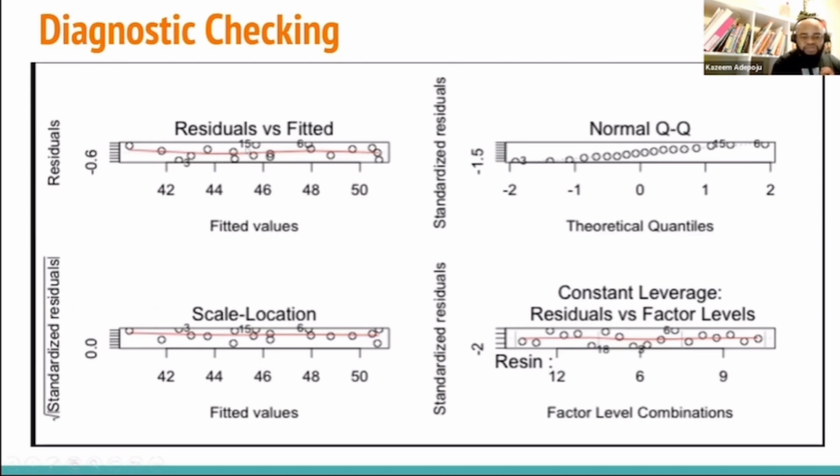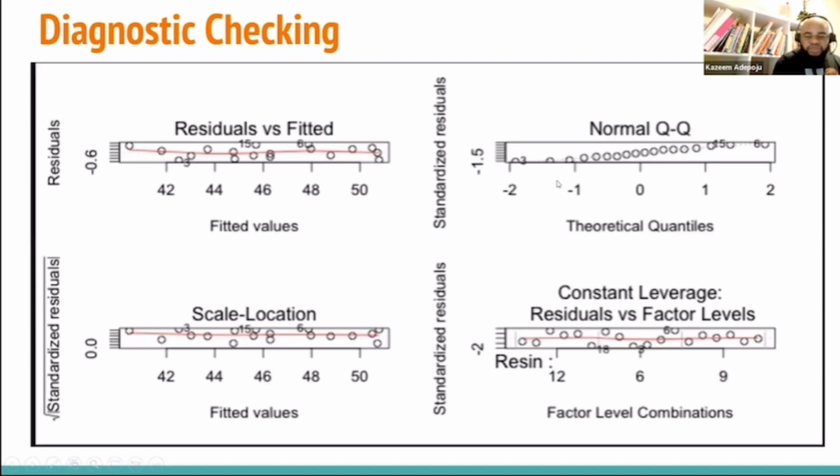When you look at the residual plot here, you're going to see that the assumption of constant variance holds, because what the assumption of constant variance is talking about is that the variance of the response has to be the same when you go from one value of the predictor to the other.